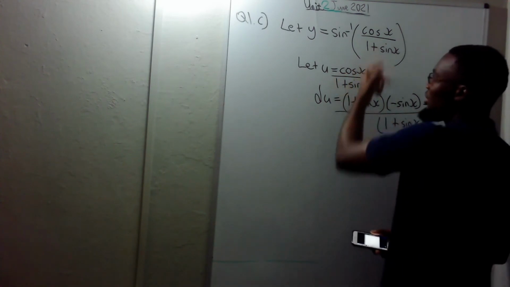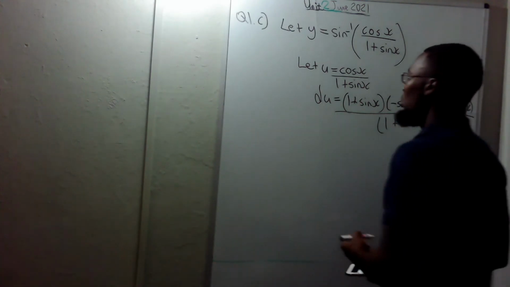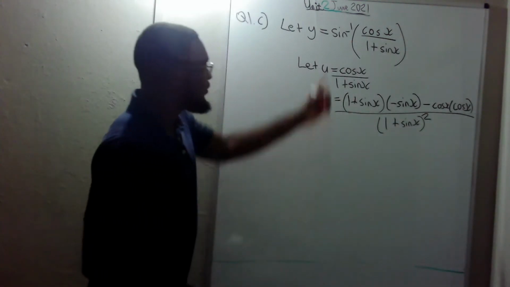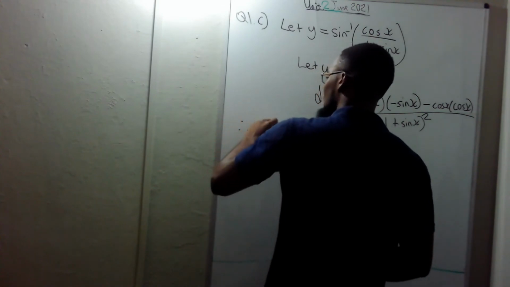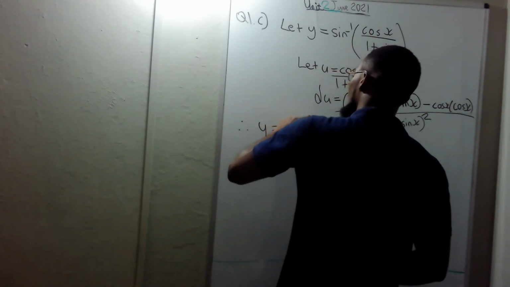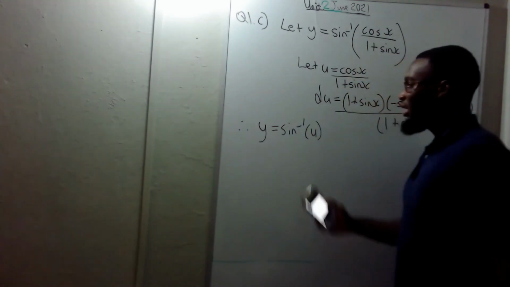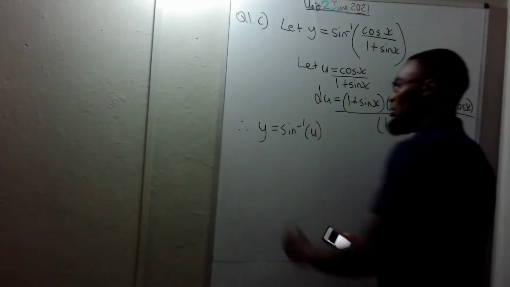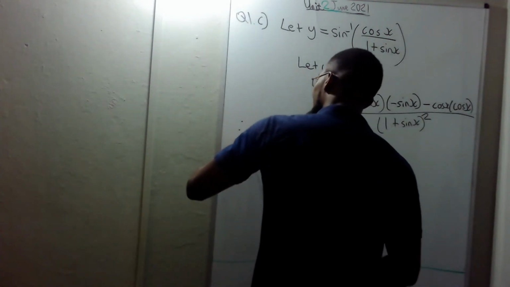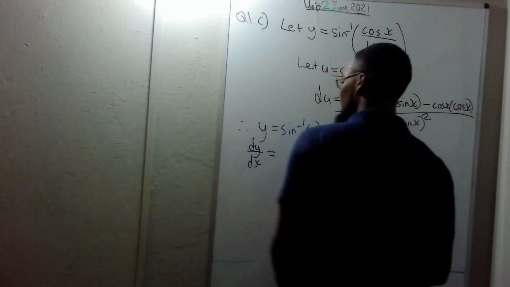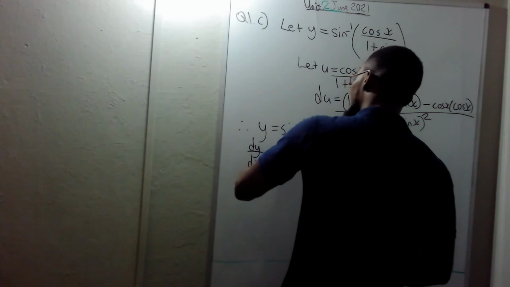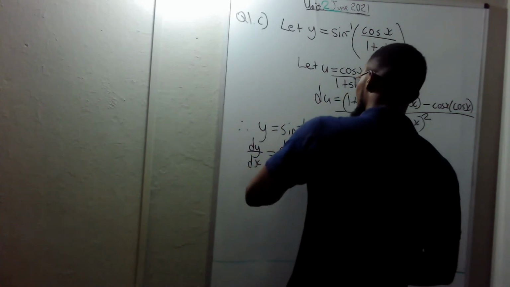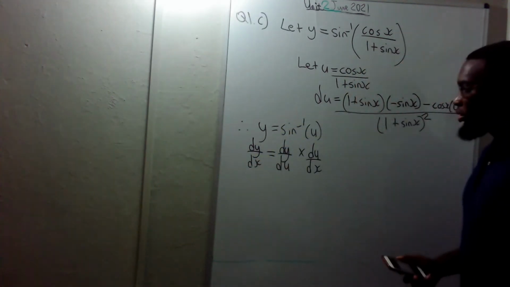Now, why did I call this u? Because if I call this u, then I know that therefore y is just sine inverse of u. If y is now sine inverse of u, I know that dy by dx is going to be equal to dy by du times du by dx, because now I can apply chain rule.